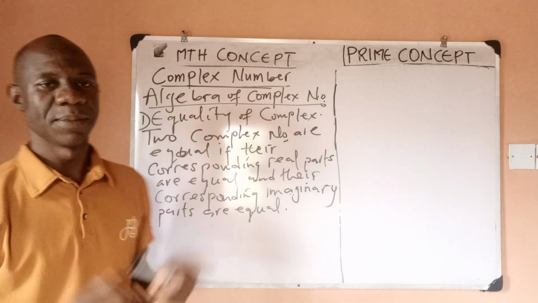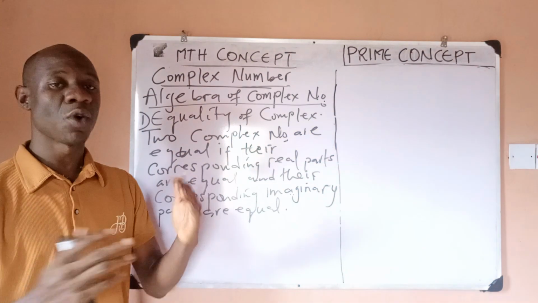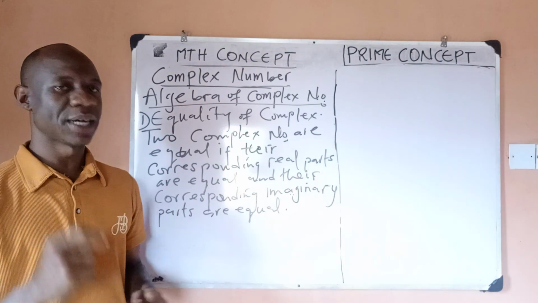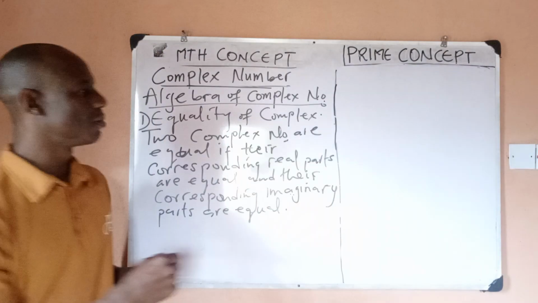So that is what we mean by equality of complex numbers. You would say that two complex numbers are equal if their corresponding real parts are equal and their corresponding imaginary parts are equal. What do we mean by this?